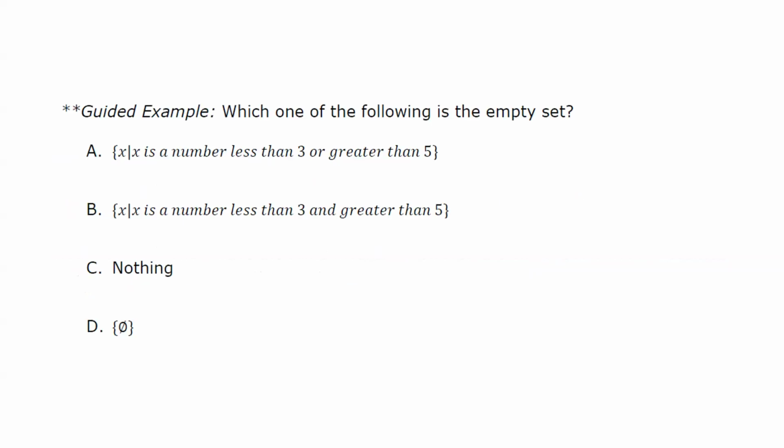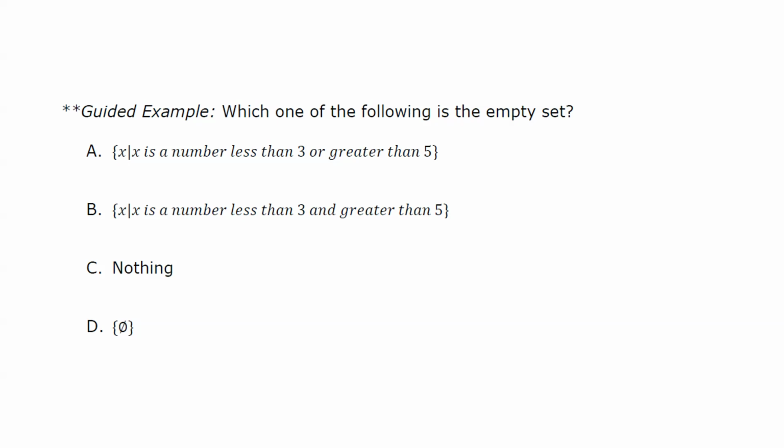So let's look at some examples here. Which of the following is an empty set? And remember, an empty set is a set that contains no elements. So for the first one, we're looking at all X values such that X is a number less than 3 or greater than 5.